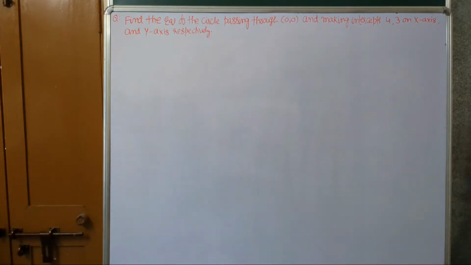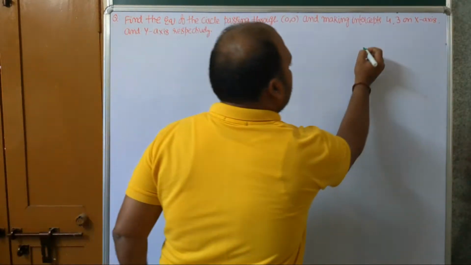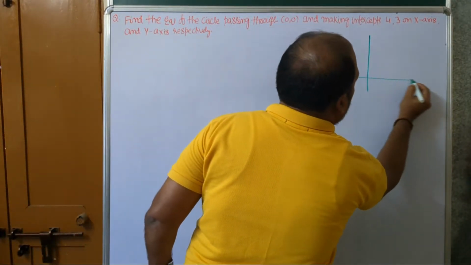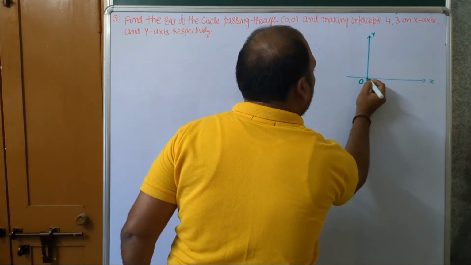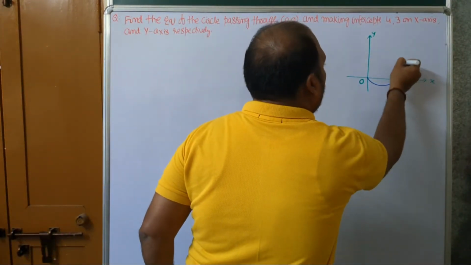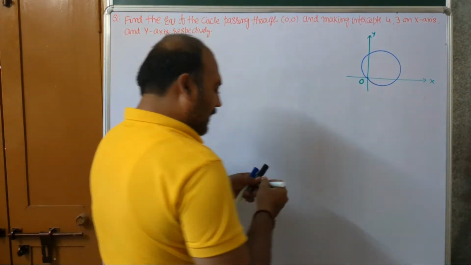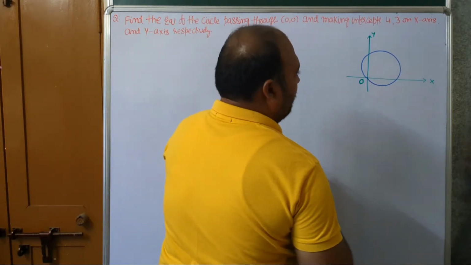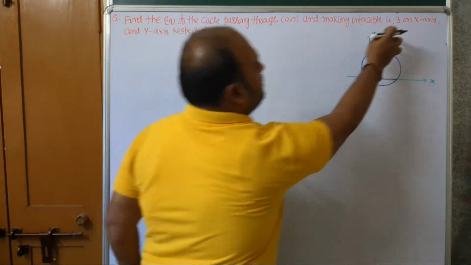See how we are going to discuss this problem. The figure will come like this, dear students. X-axis, y-axis, origin. This length from here to here is the x-intercept. The x-intercept length is 4.